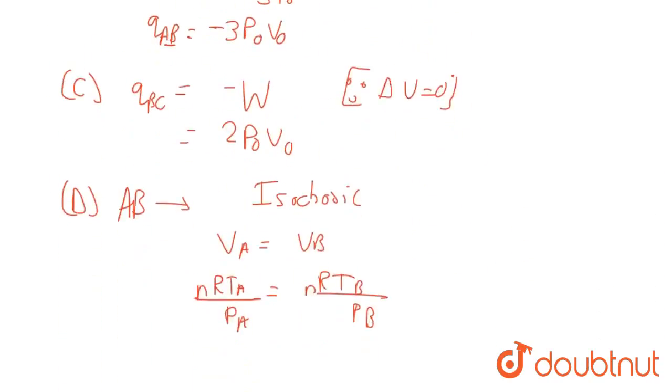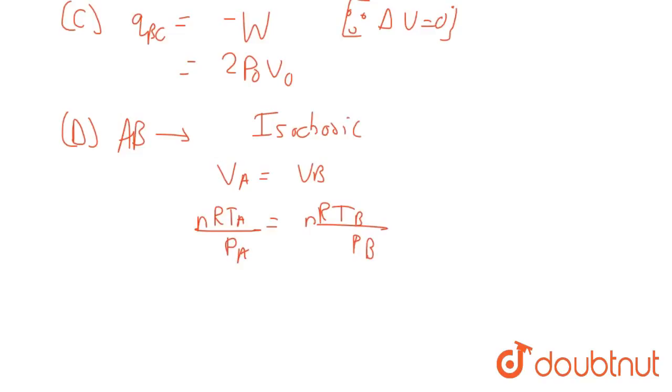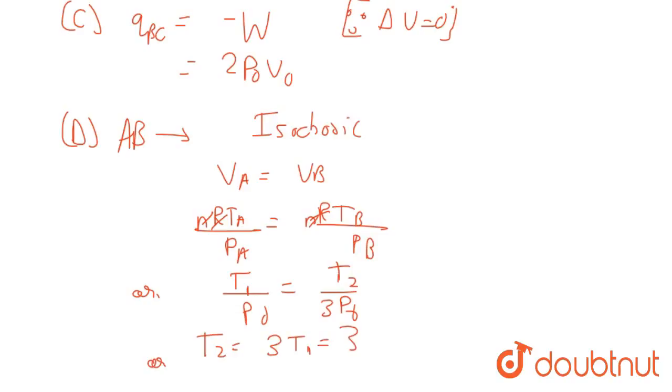So putting that in this equation, n gets cancelled on both sides, R also gets cancelled. So TA is T1, PA is P0, TB is T2, PB is 3 P0. So T2 is 3 times T1, and T1 can be written as P0 V0 by R.